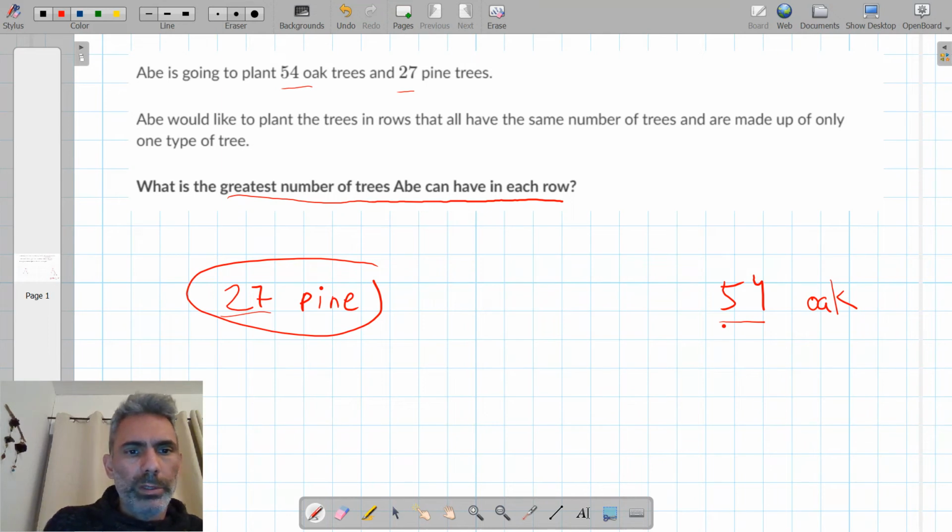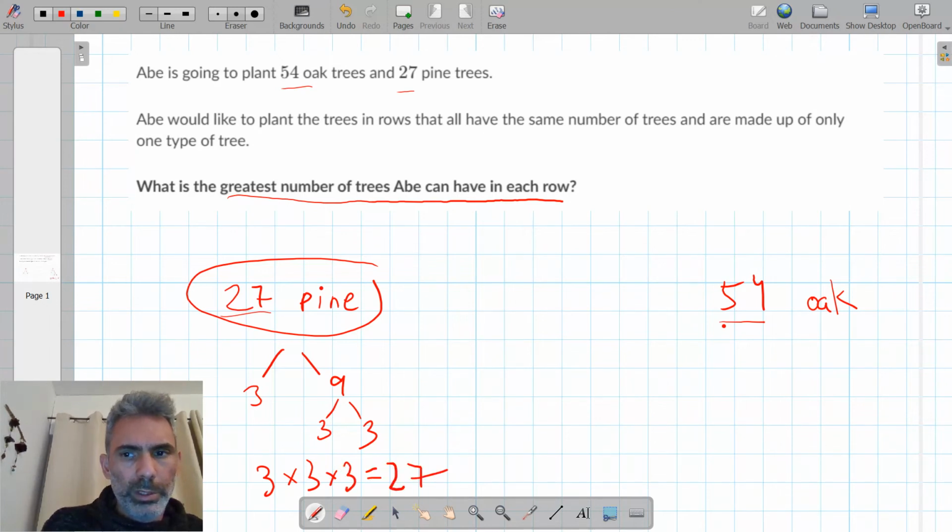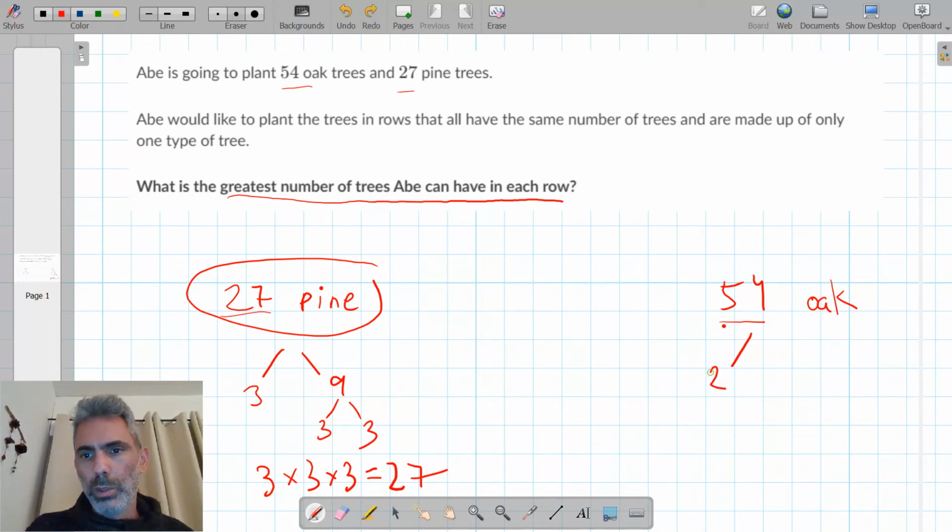Okay, so 27 is 3 and 9. This is 3 and 3. So 27 is 3 times 3 times 3. This is 27. 54 is 2 and 27. 2 times 27 is 54.